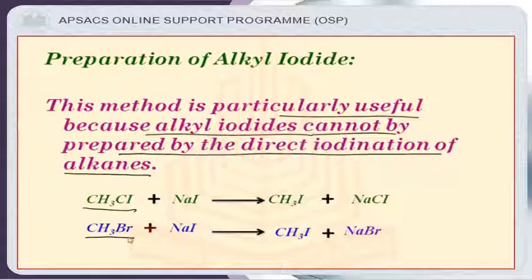So this method can be used to prepare alkyl iodide, in which any alkyl halide, that is CH3Cl or CH3Br, when reacted with sodium iodide, will give CH3I or any number of alkyl groups present with the halogen.